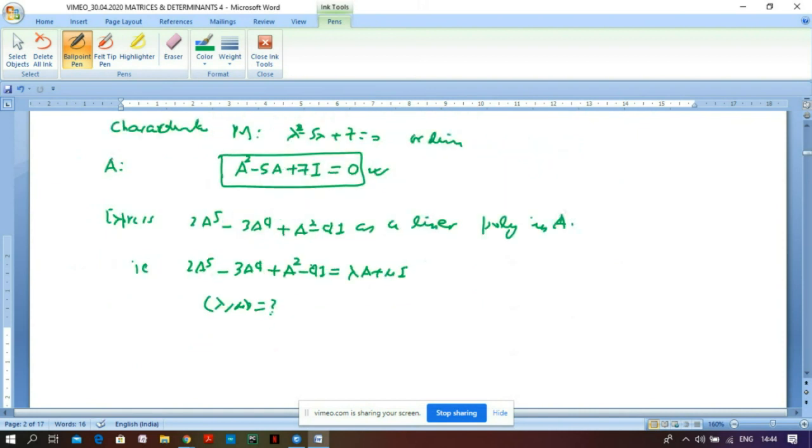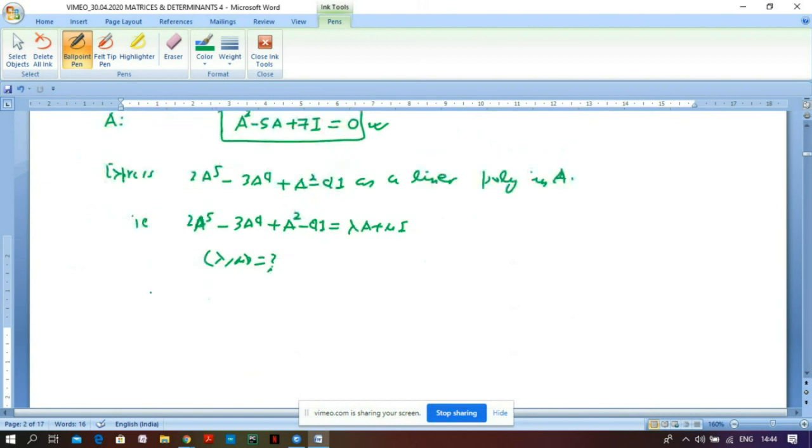Now, had we not known this theorem, Cayley-Hamilton, we maybe had found some kind of a to the power 5 or larger powers, or we may have found some pattern. But the Cayley-Hamilton theorem's strong point is that to begin with, you get an equation in A. So already you know that A satisfies this much.